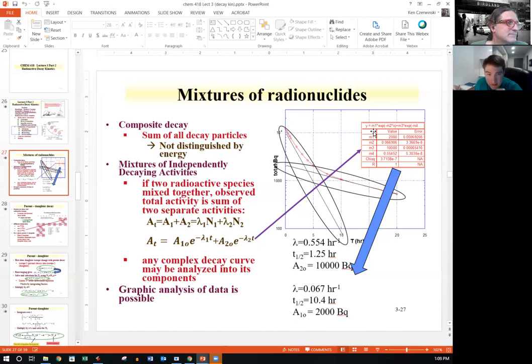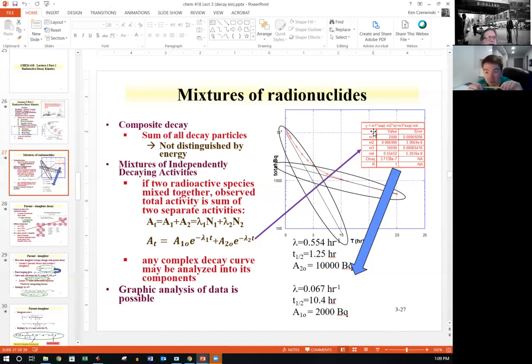Also, if we stay on this slide for one more minute, we know information about half-life, activity, that sort of thing. And like you said, the key point here is that we can draw one tangent line at any point, but we're most interested in the beginning part and then the end.